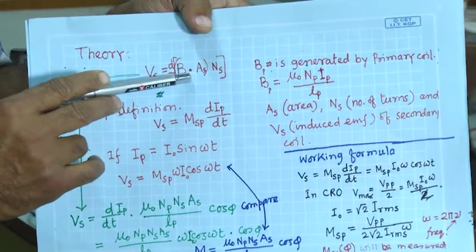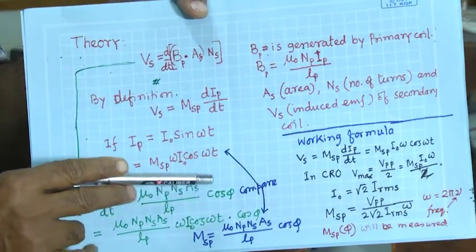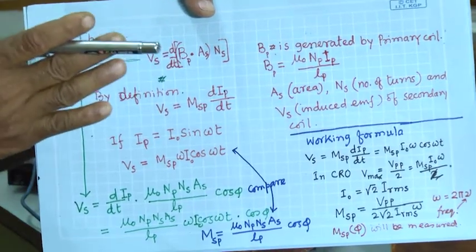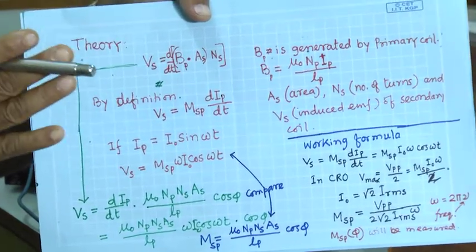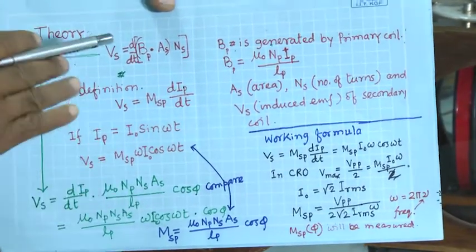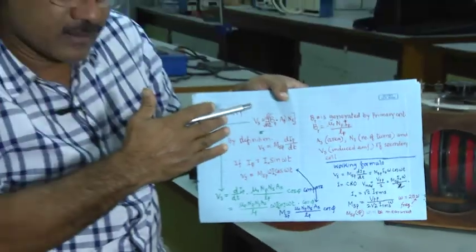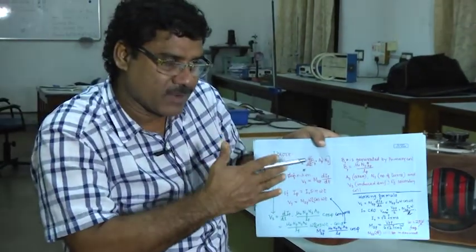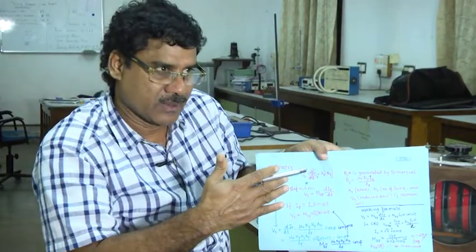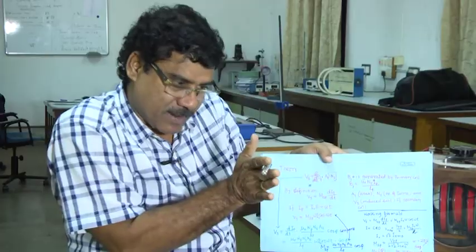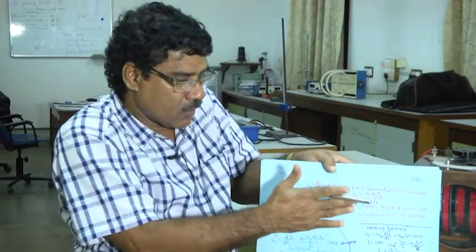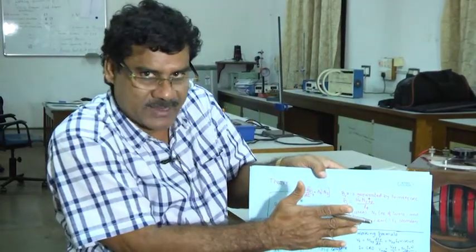Then this dot product gives cos phi. What is this phi? It is the angle between the planes of the primary and secondary coils. If the coils are parallel, phi is 0. If they are perpendicular, phi is 90 degrees.